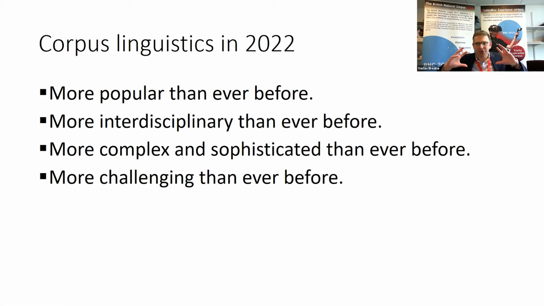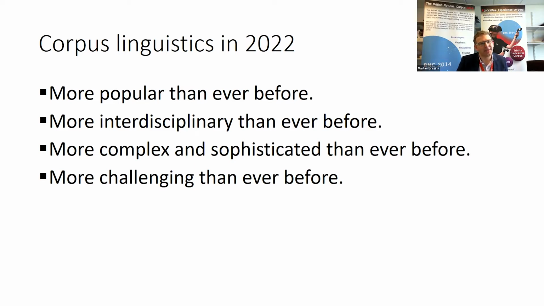So I think the general idea behind LancsBox is to reflect the state of the art in the field of corpus linguistics, and also imagine where corpus linguistics is going to be in 2-5 years' time, and respond actively to this.